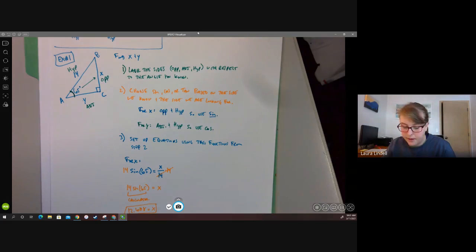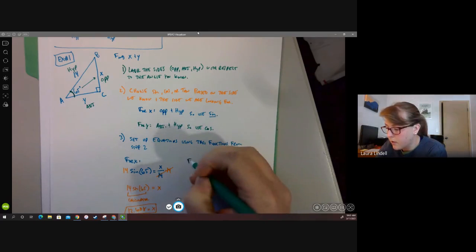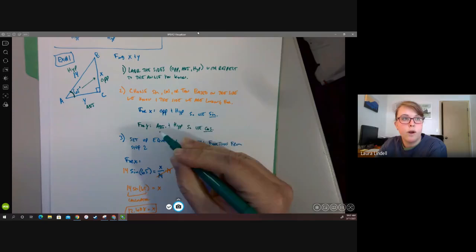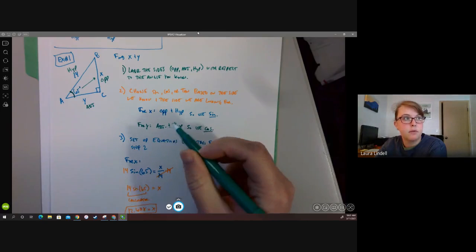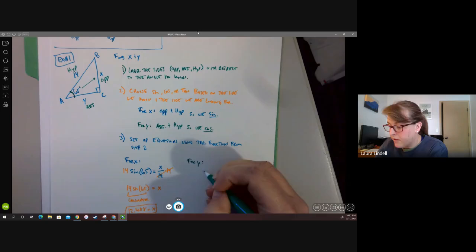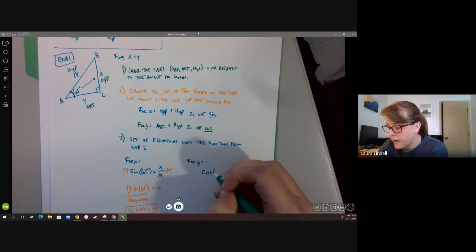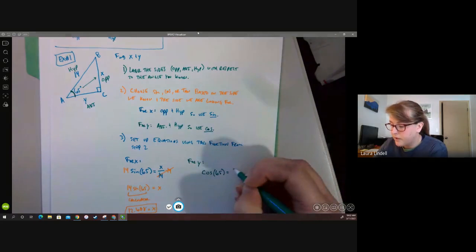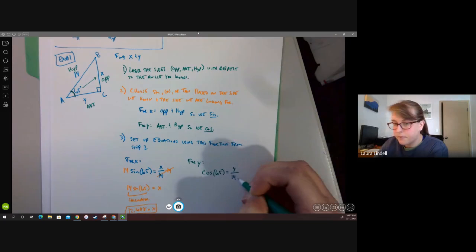Doing the same kind of thing, except this time with cosine. Because up here we decided that for y, since we have adjacent and hypotenuse that we're working with, we want to use cosine. So for y, we're going to set up the same kind of thing. It's going to be cosine of 65 equals y over 14, since it's adjacent over hypotenuse.